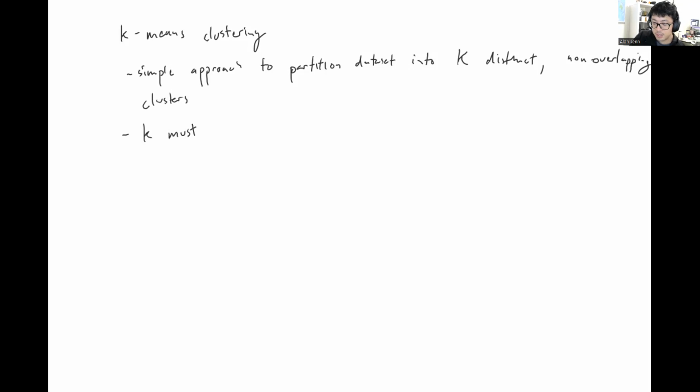And K must be pre-specified. So you get to choose if I want to group all my data into 2 clusters, 3 clusters, 4 clusters, however many. And again, there's no validation here, so you don't necessarily have the ability to determine a correct number of clusters for your data.